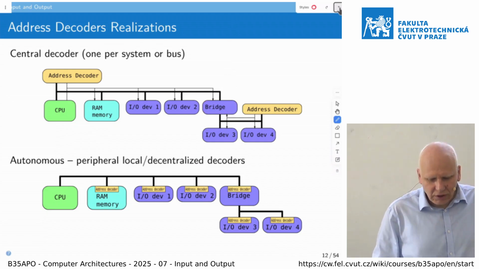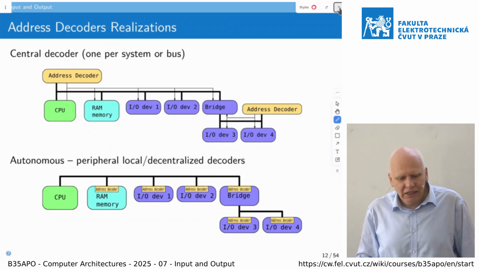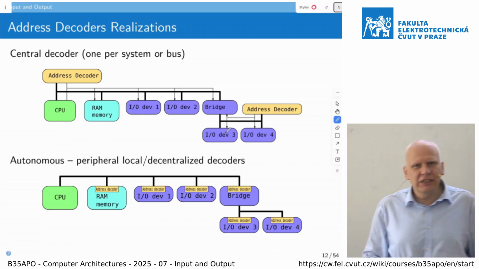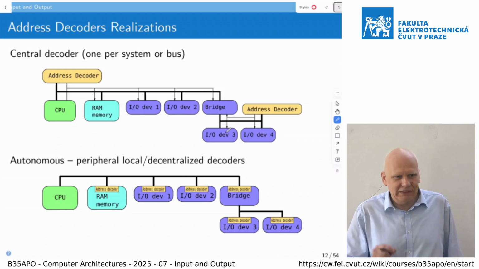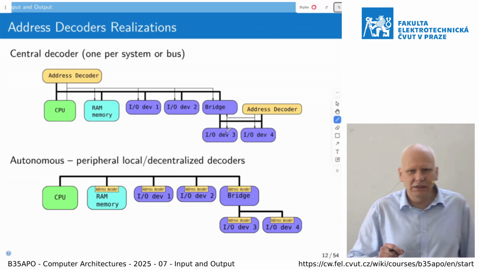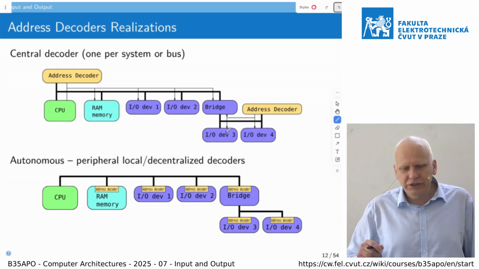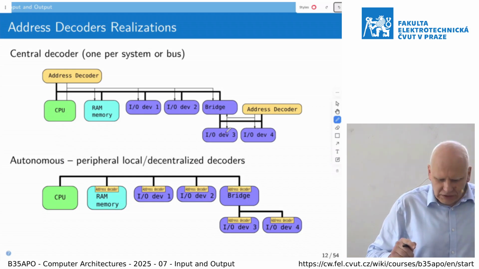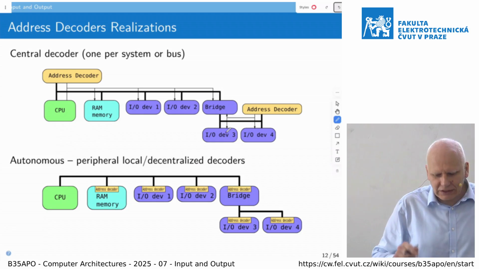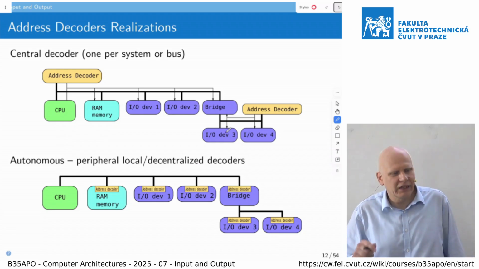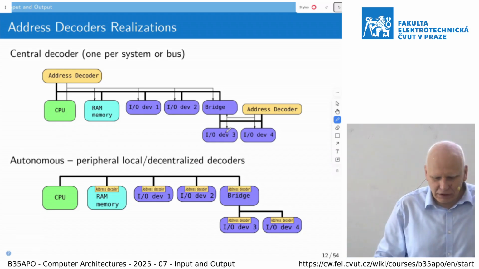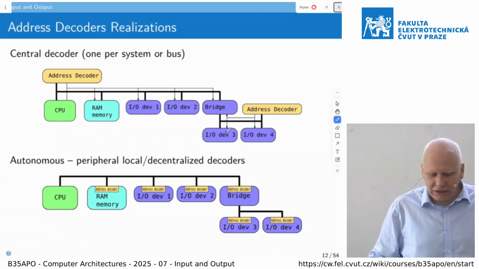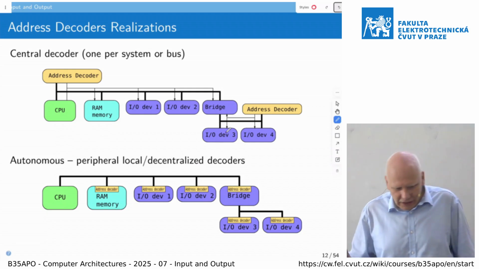For example, on the PC, you go this way down to a bus which has 4 data bits, and this is used to connect the BIOS flash. I think that even the keyboard is still connected by this 4-bit line at the lower part. And then the actual keyboard is connected through synchronous serial communication.